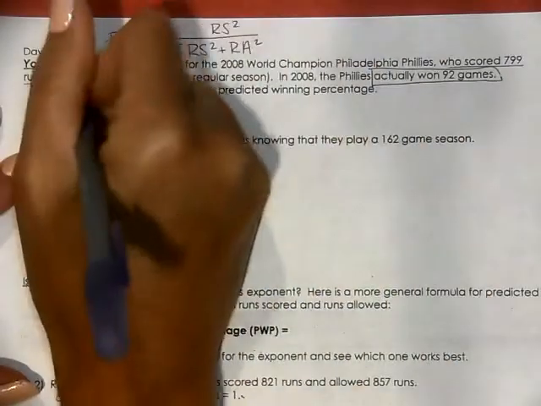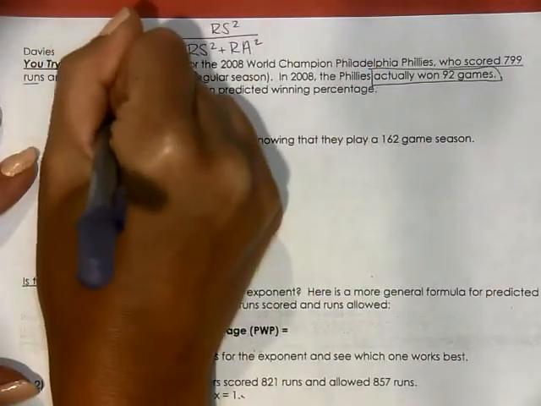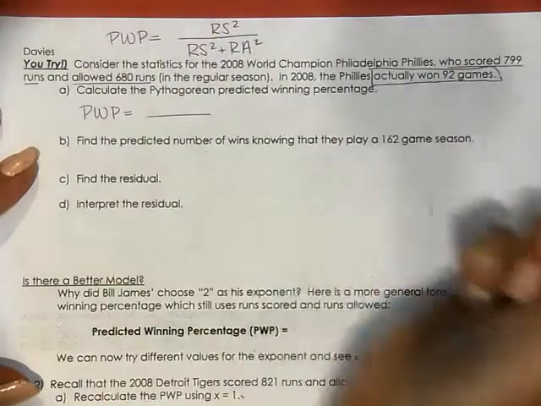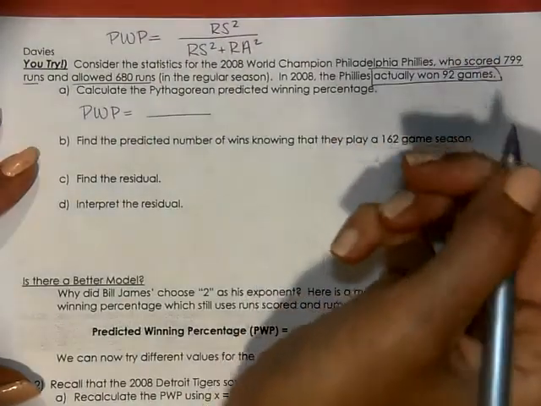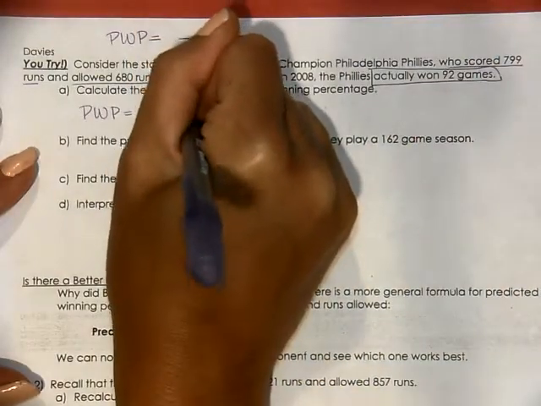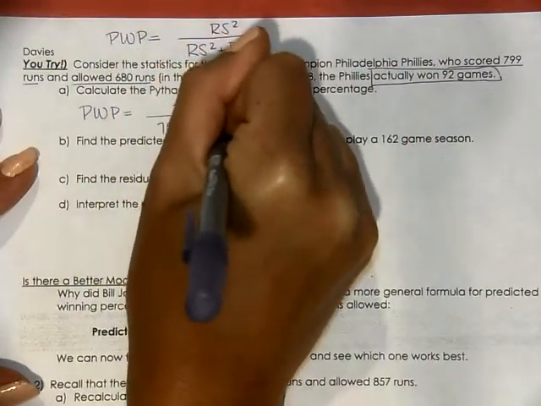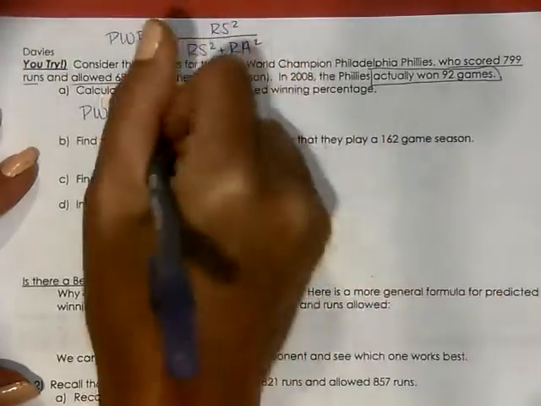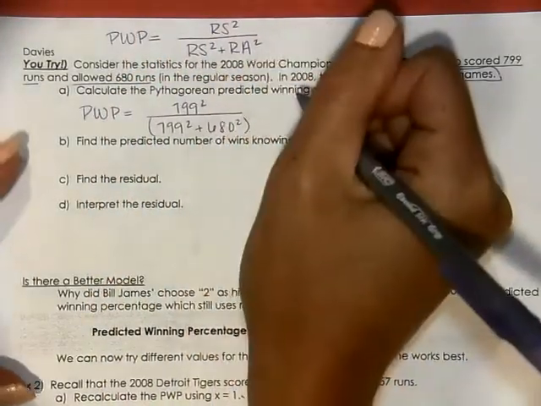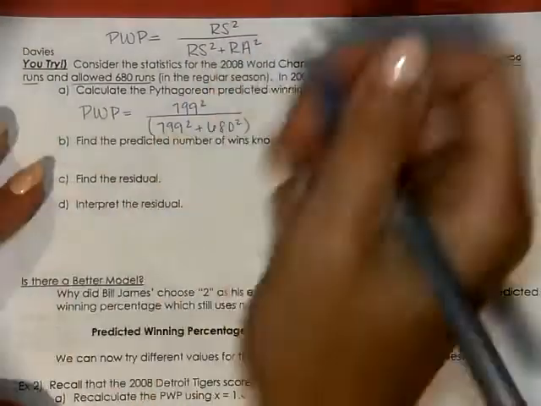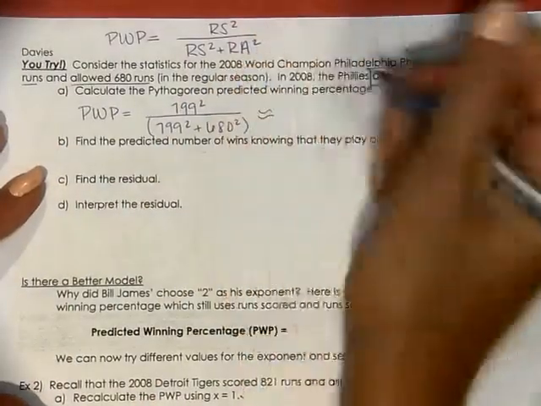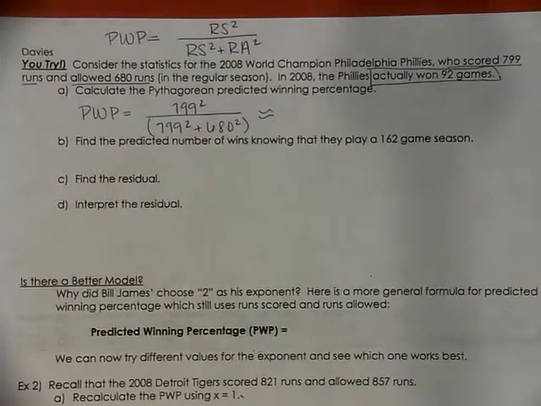So, plug in the data for the Phillies. Remember when you type this into your calculator, you need to put parentheses around your denominator.